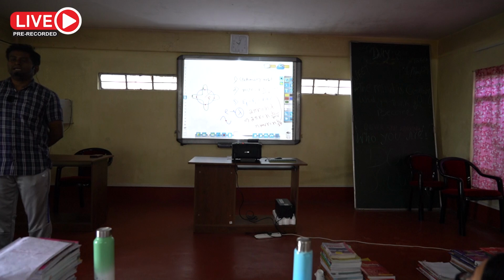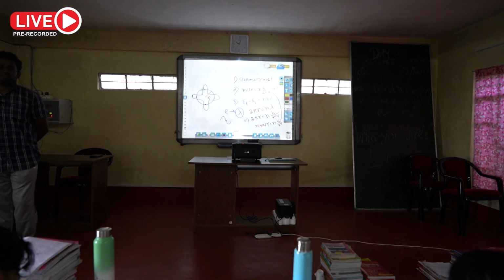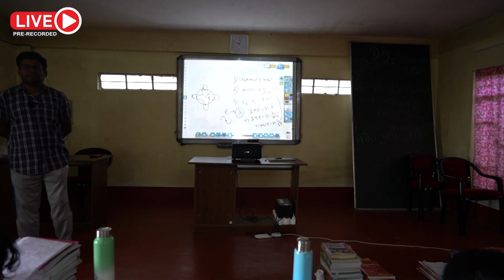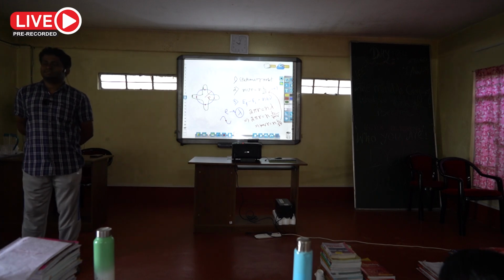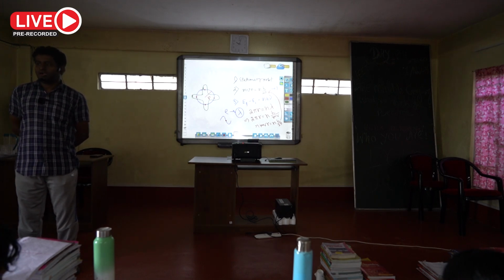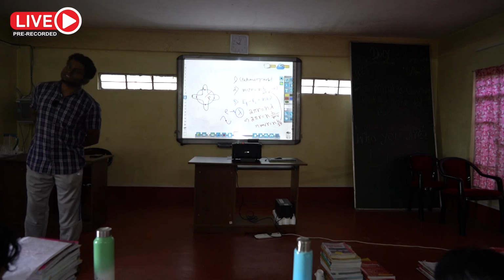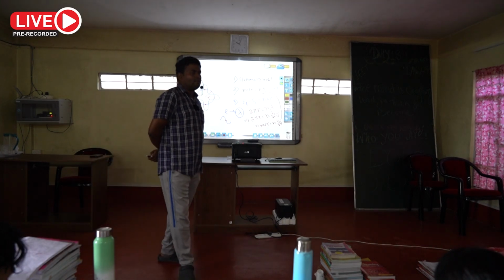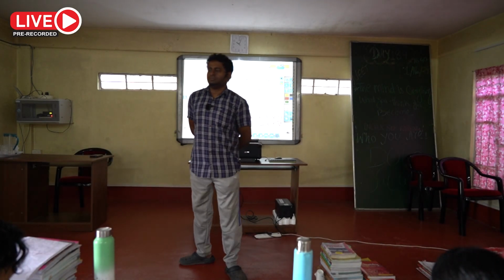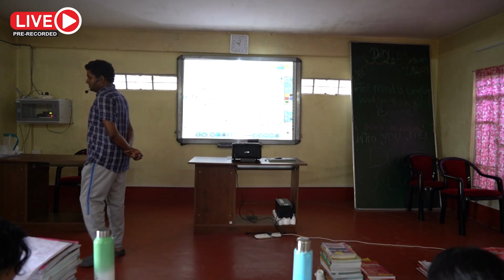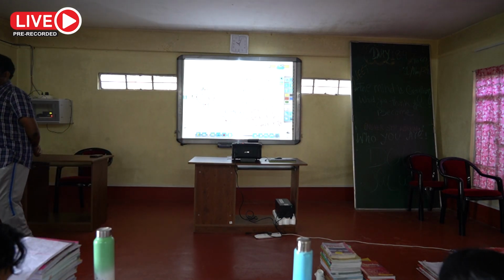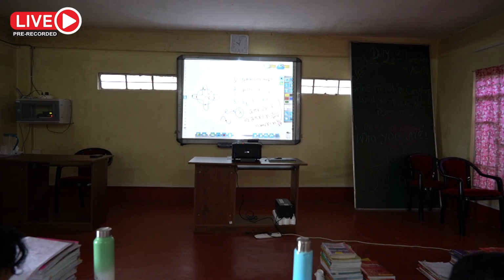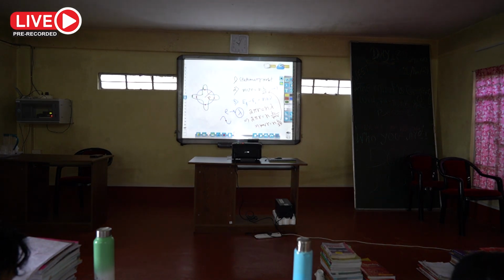That in a stationary orbit according to Bohr, position and linear momentum can be measured simultaneously. Position and linear momentum of the electrons can be measured simultaneously.